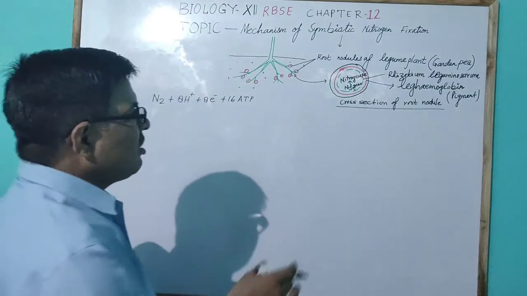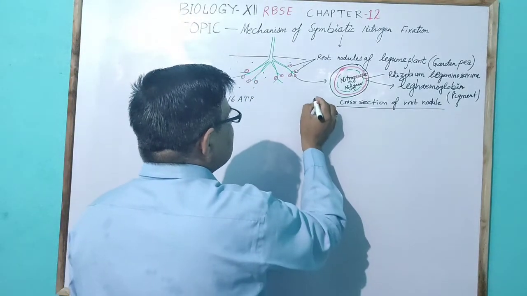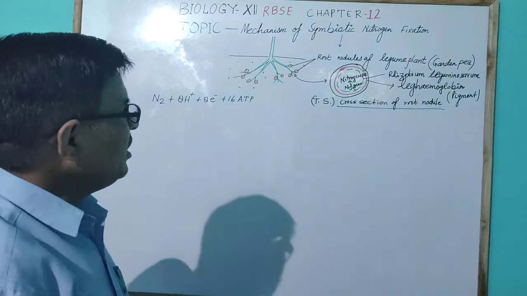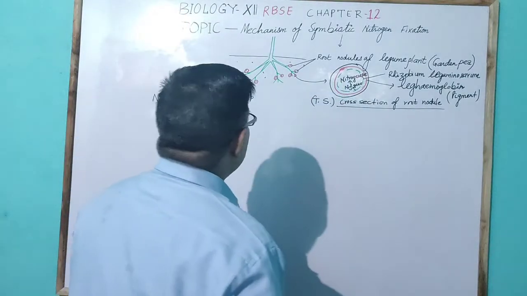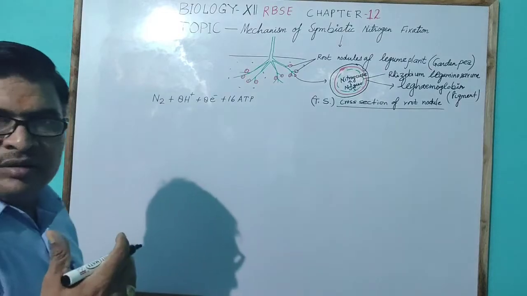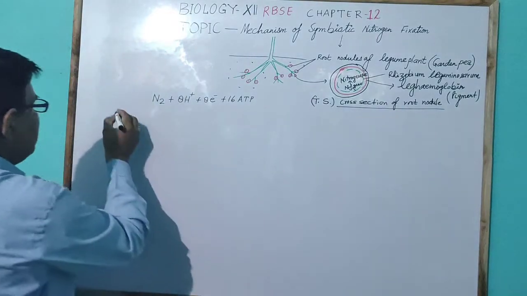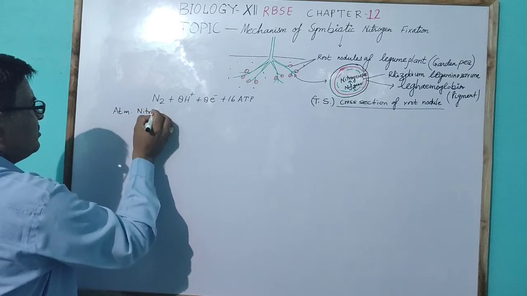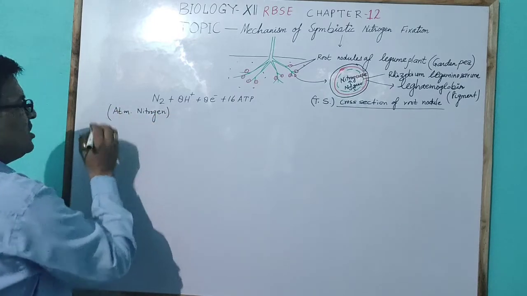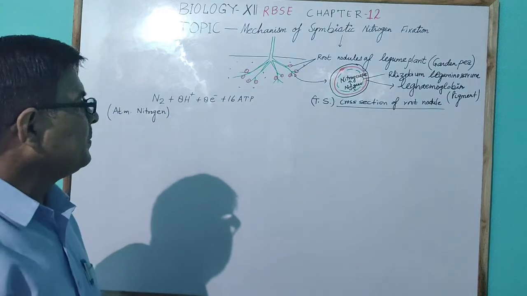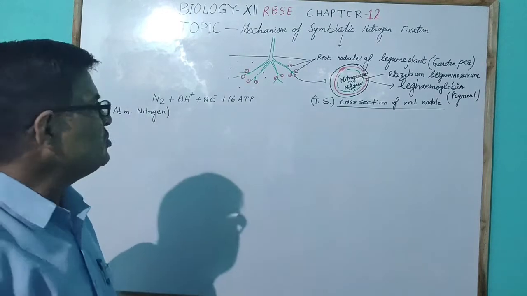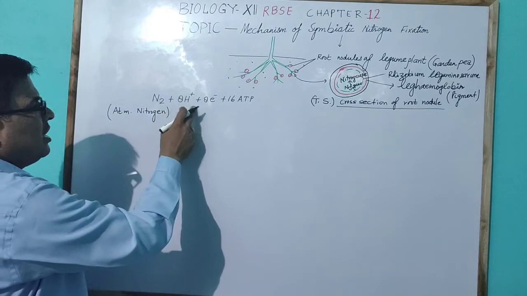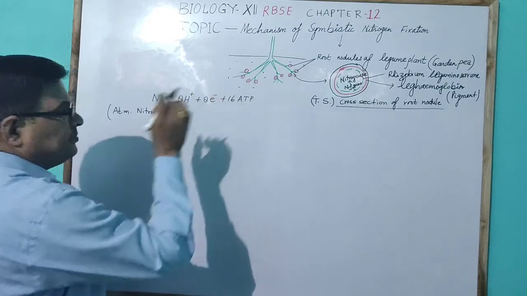This is the cross section of the root nodule, meaning the TS, transverse section, where the nitrogenase enzyme changes atmospheric nitrogen, which is present at 78%. Nitrogen combines with protons, electrons and ATP.